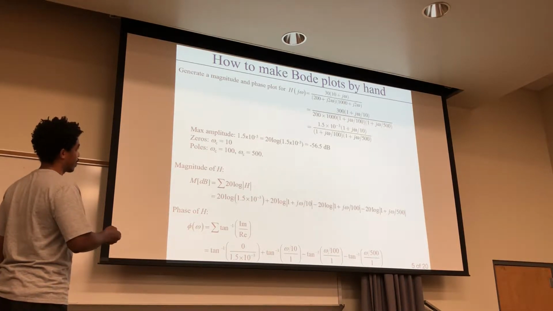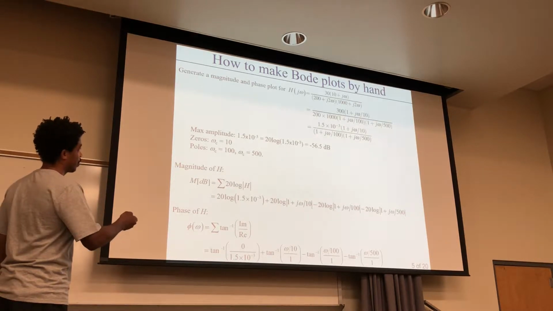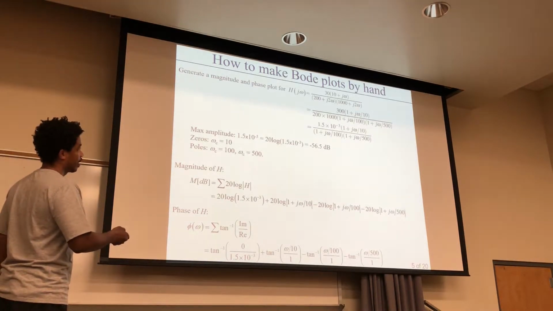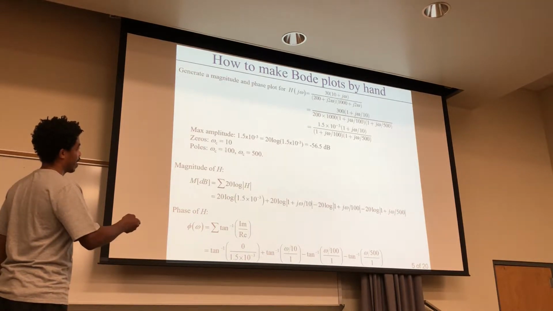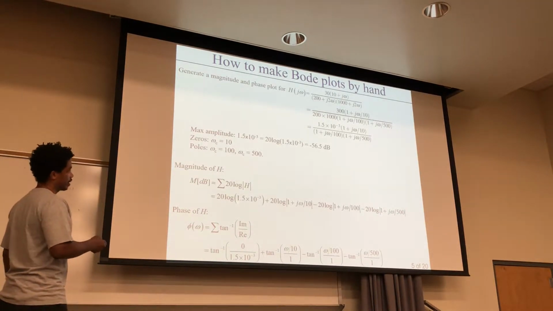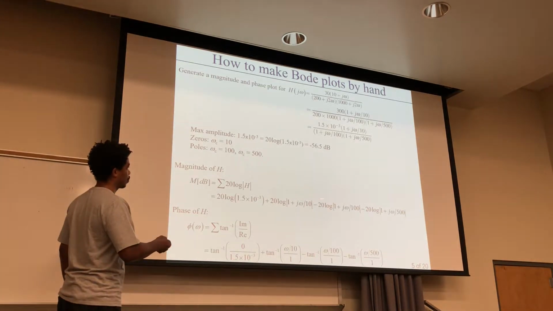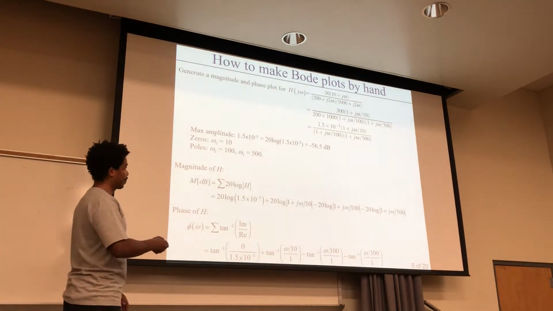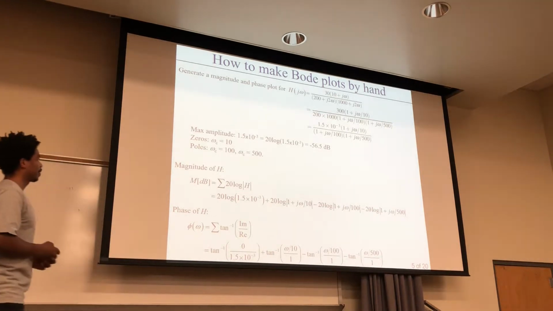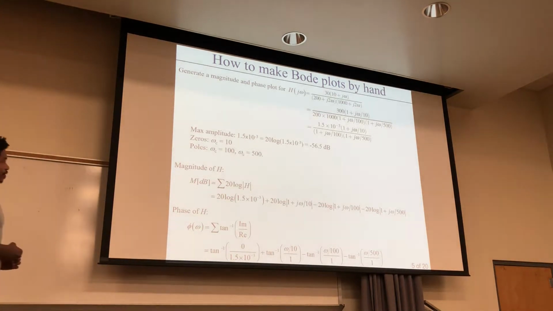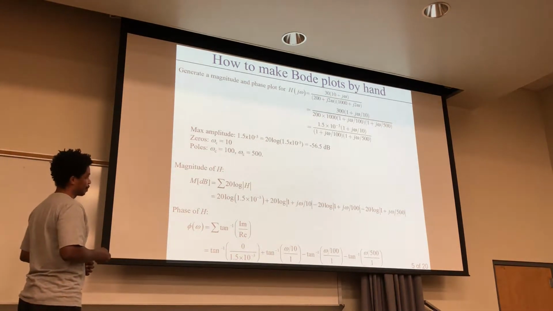Those are added together, and then you subtract the two things on the bottom, so it's 20 log of the magnitude of that minus 20 log of the magnitude of that. For each one of these, we'll see how to plot each one individually, and then you add up the entire thing graphically. For the phase, very similar, but you're doing tangent inverse of the imaginary part over the real.